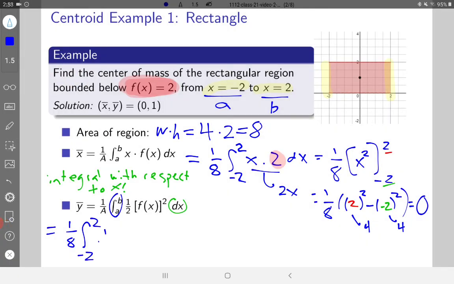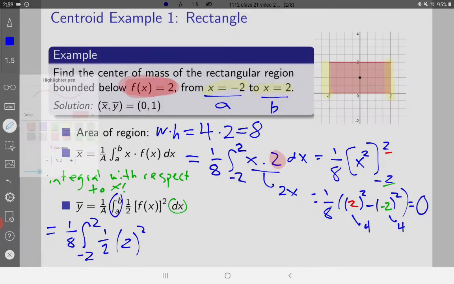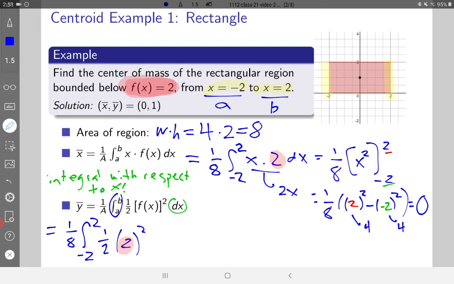But in this case, the integrand, the function inside, is going to be 1/2 of f of x, which is 2, all squared. So that 2 there, that's again the f of x function that we're dealing with all along. And so that's a nice simple integral, even easier than the other one, because this is just an integral from -2 to 2.